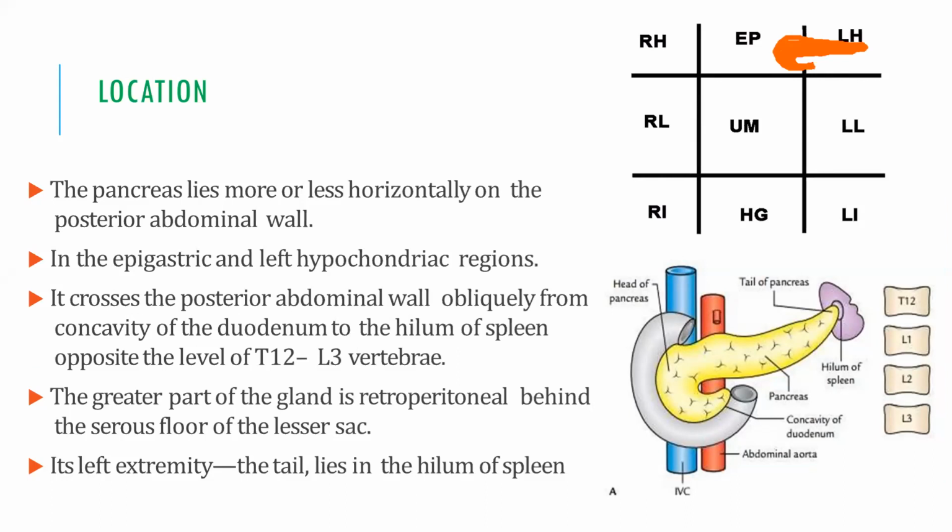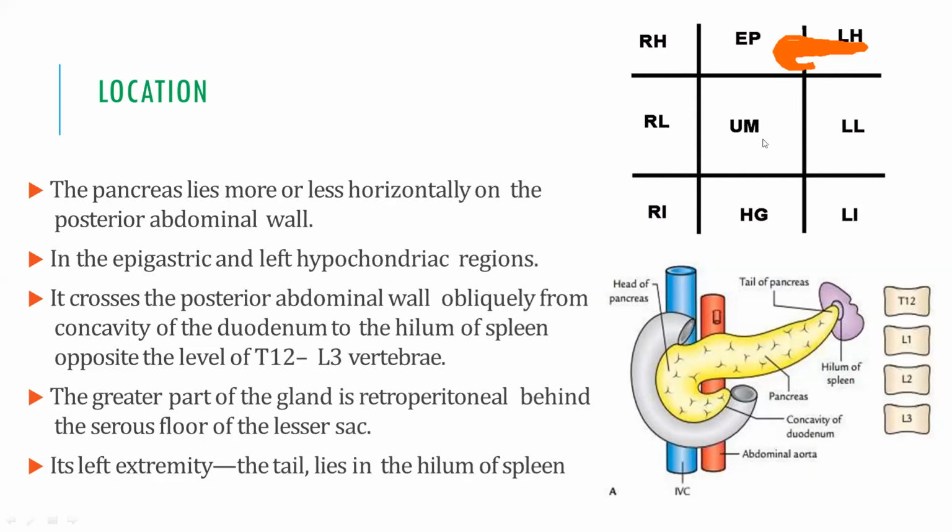The pancreas is situated in the epigastric as well as left hypochondriac regions. So of the 9 regions of the anterior abdominal wall, we come across the pancreas in 2 regions: one is epigastric, another is left hypochondriac.